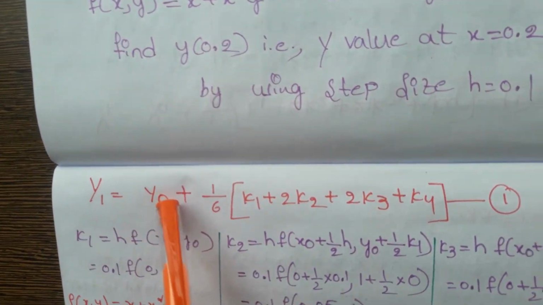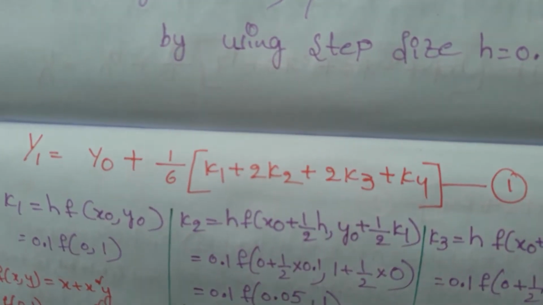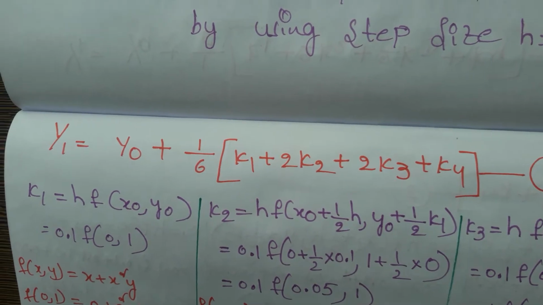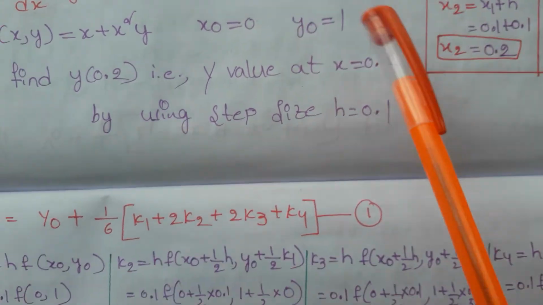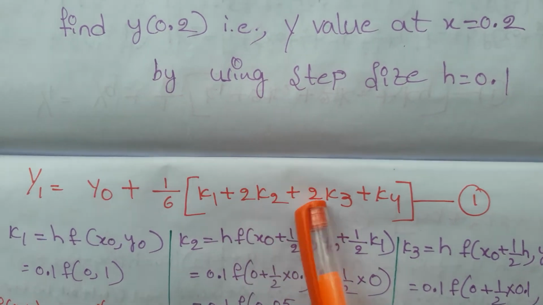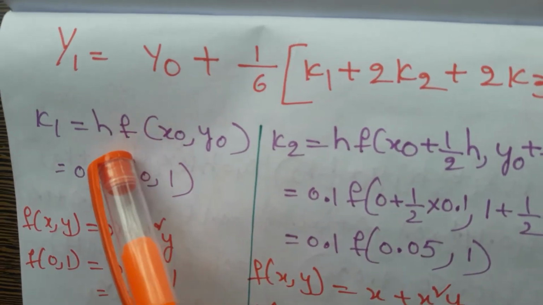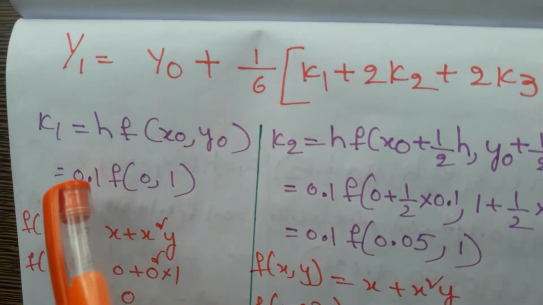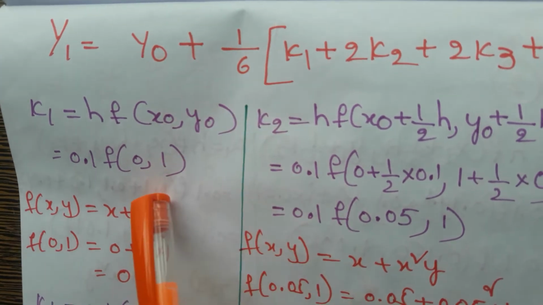So the RK method formula is y0 plus 1 by 6 into k1 plus 2k2 plus 2k3 plus k4. From this we know the y0 value, which is 1. We don't know k1, k2, k3, k4. So k1 means h into f of x0 comma y0. The h value is 0.1, x0 is 0, y0 is 1.